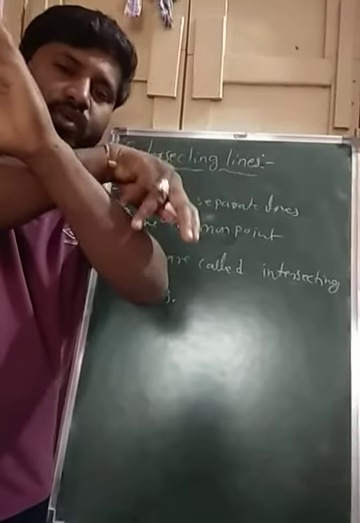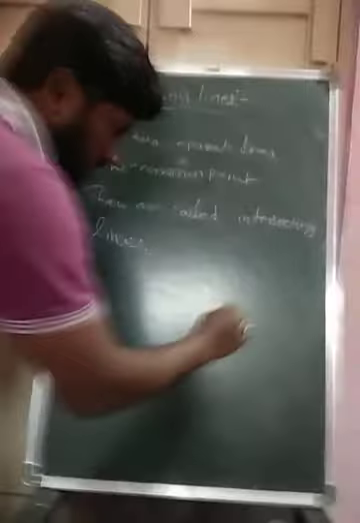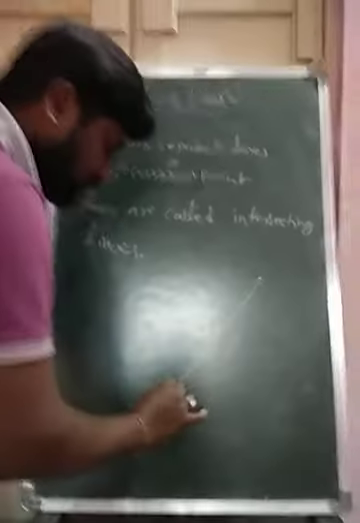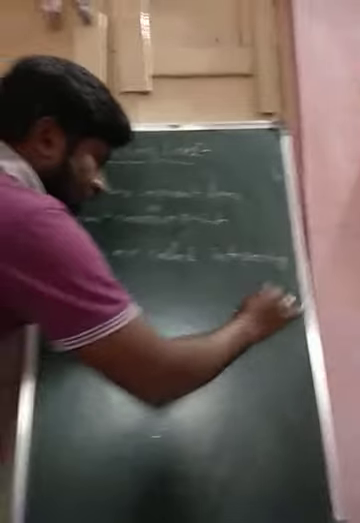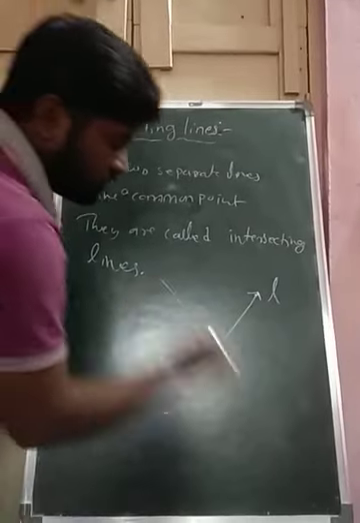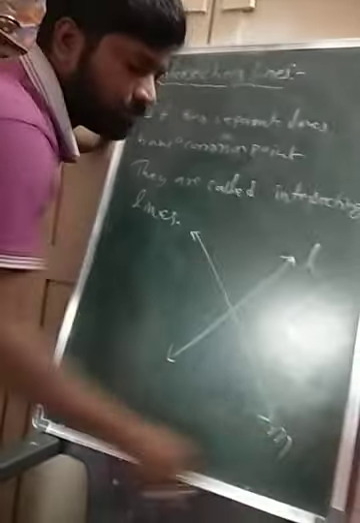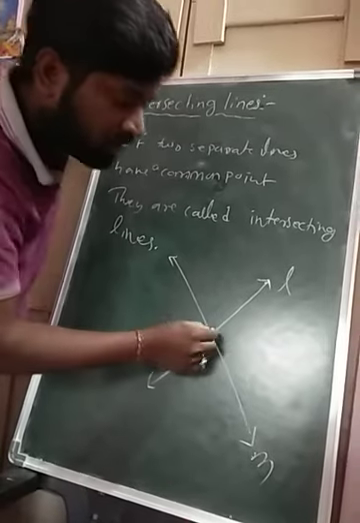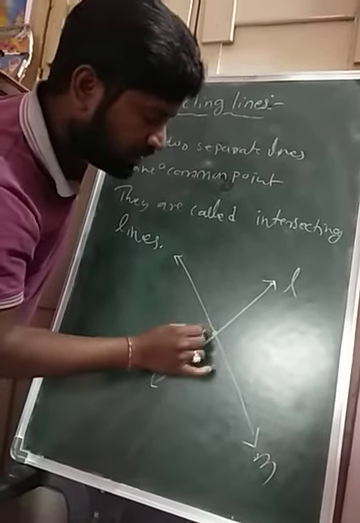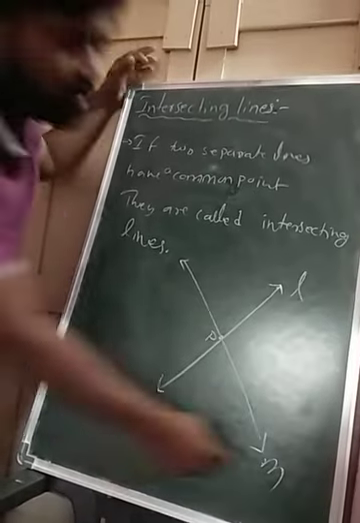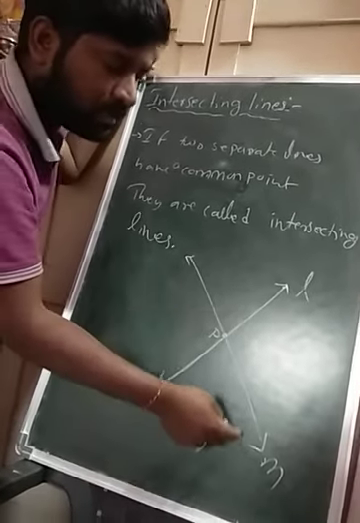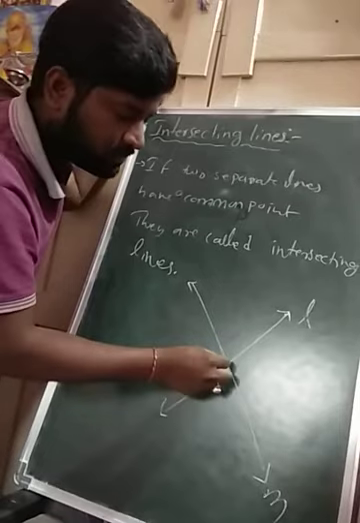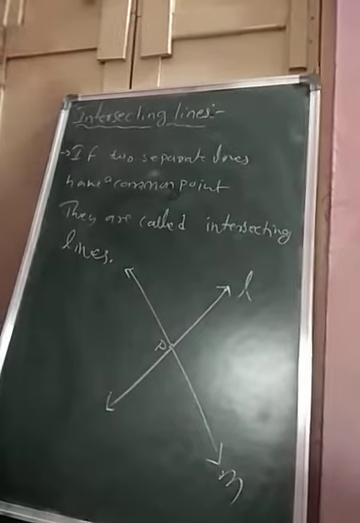Here, this is line L and this is line M. These two separate lines have a common point, that is P. The two lines, line M and line L, intersect at P, so they are called intersecting lines.